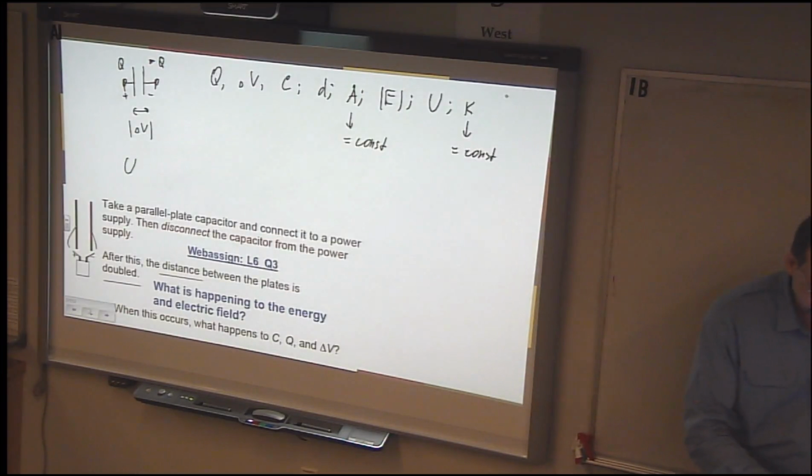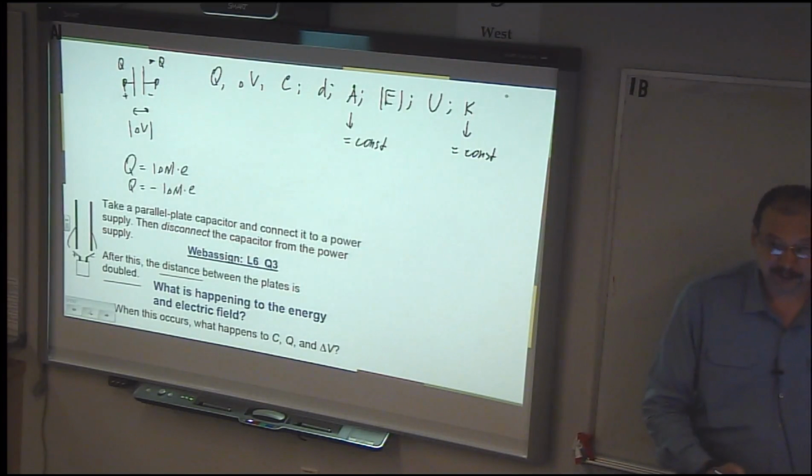We know a positive charge is equal to the number of missing electrons times the elementary charge. And a negative charge will be equal to negative this, the number of extra electrons times the elementary charge. If the number of electrons doesn't change, the charge remains constant.